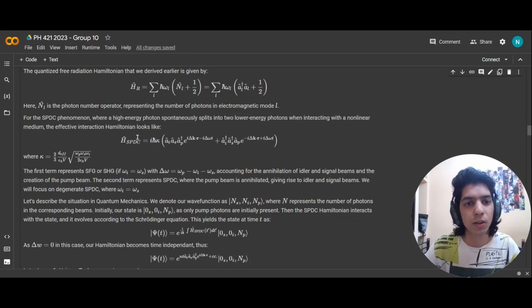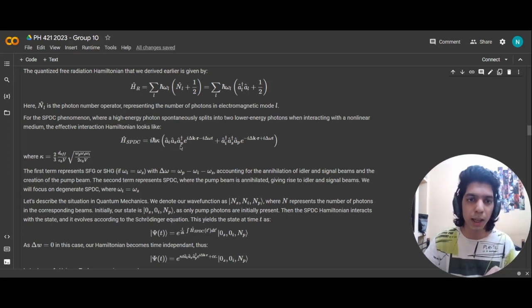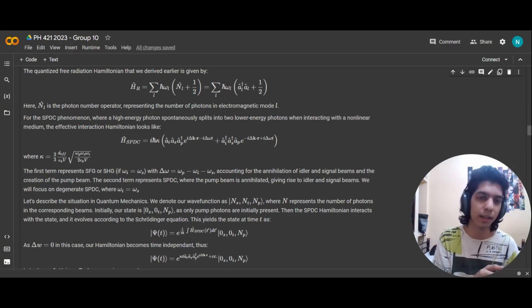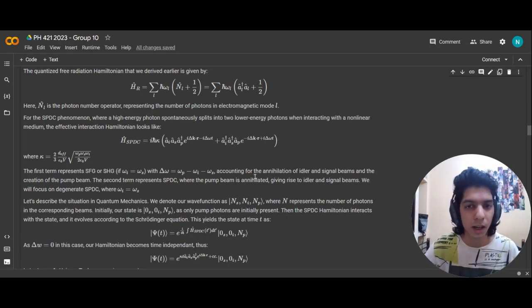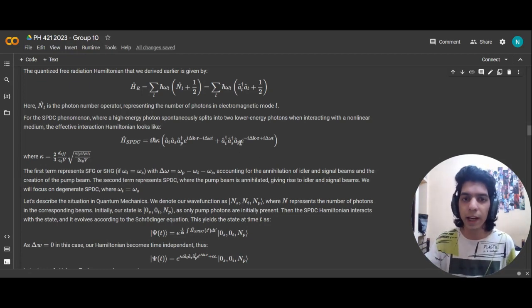If we analyze this Hamiltonian, the first term represents sum frequency generation, where a_I and a_S are getting destroyed and a_P is getting created. That means the pump is being created and the idler and signal are getting destroyed. And the second term is the one we are interested in, in which the pump is getting destroyed and a_I and a_S are being created.